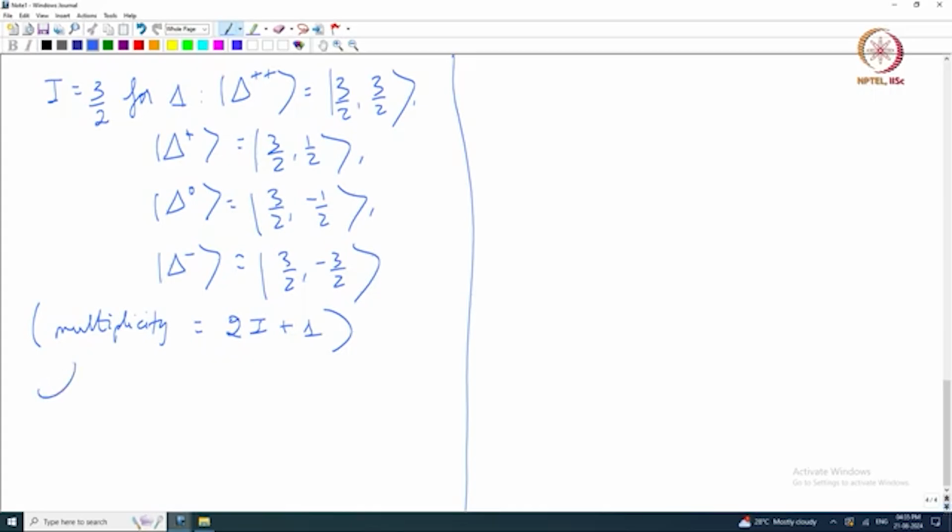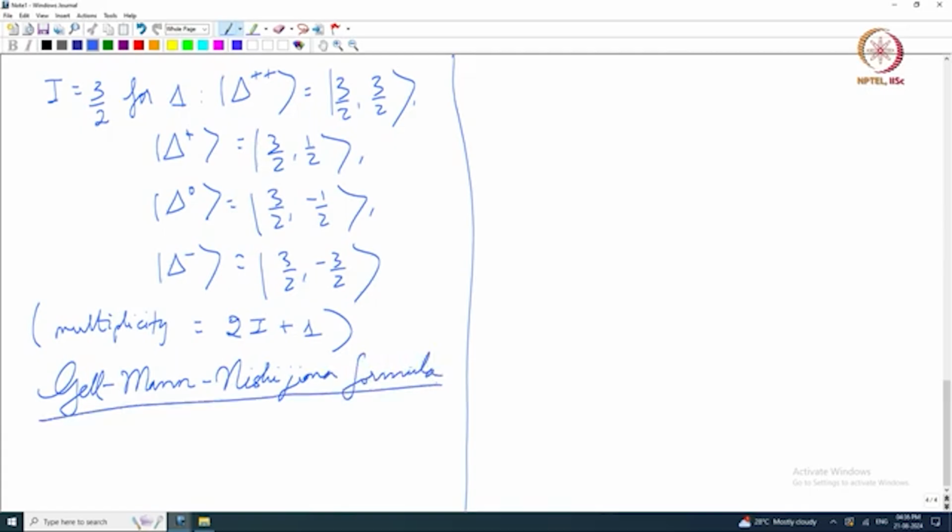Okay. So, this is the Gell-Mann–Nishijima formula. It tells you the exact relation between these various quantum numbers that we saw, and that is that the electric charge of a particle species is the I3, the third component of isospin.